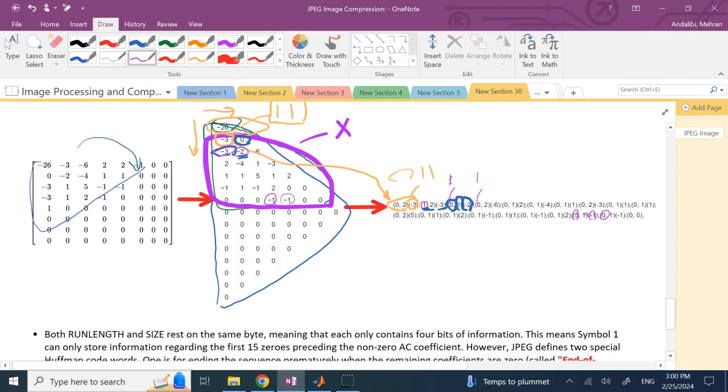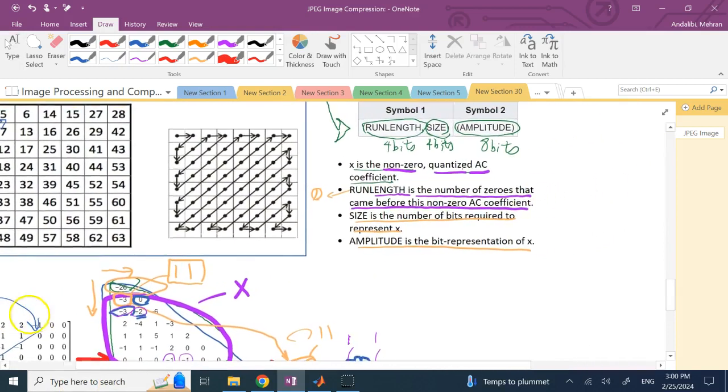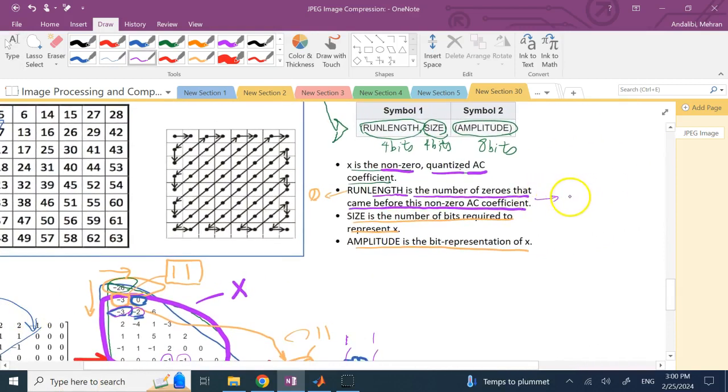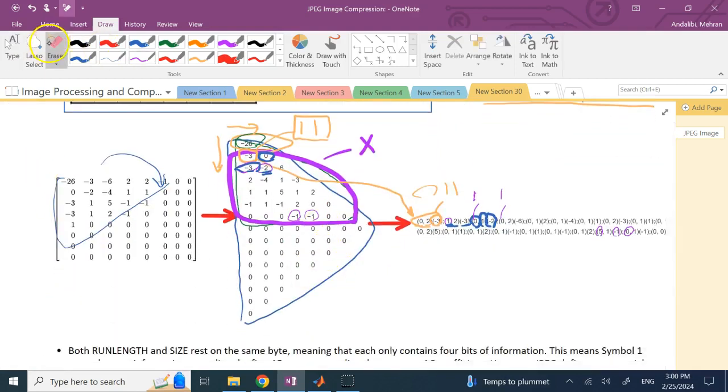So you only refer to the number of zeros before that, that run length, you just mention it or store it only once, for one of the numbers. And afterwards you don't. Okay, so you get this one.